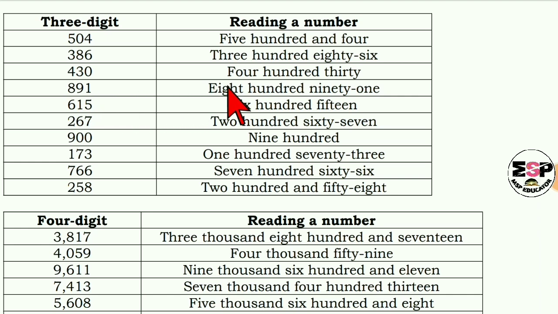891. How to read it? 891. 615. 267. 900. Yes, because here on the tens place and unit place no digit is there, so it will be 900 only.